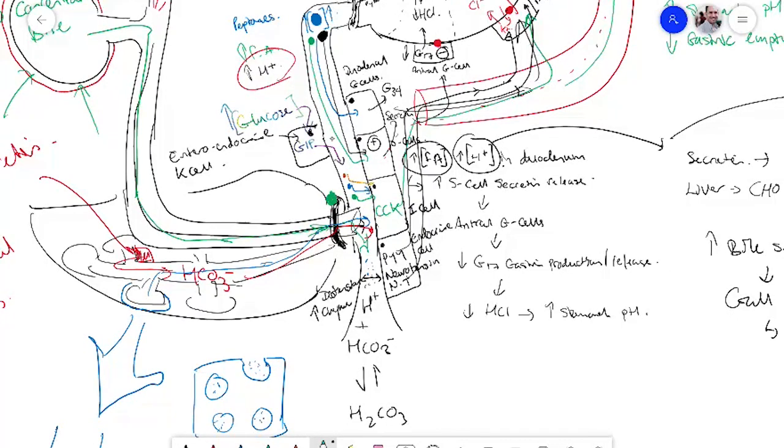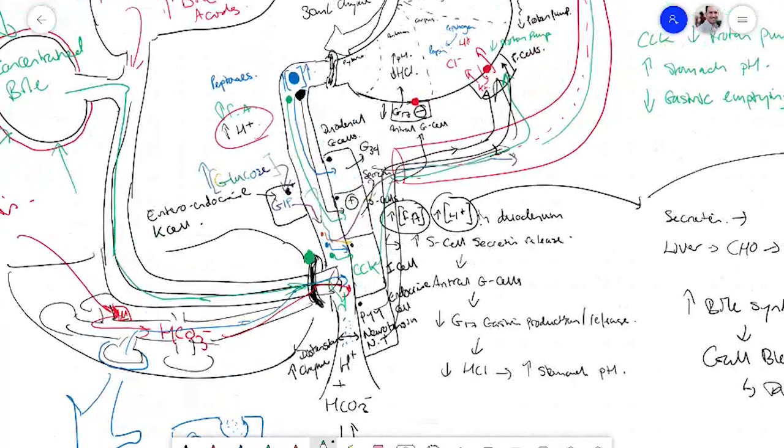It will enter the bloodstream. And it will also impact on the P cells, and it will do all of the things that PYY and neurotensin will do, and it will do all of that cool stuff.